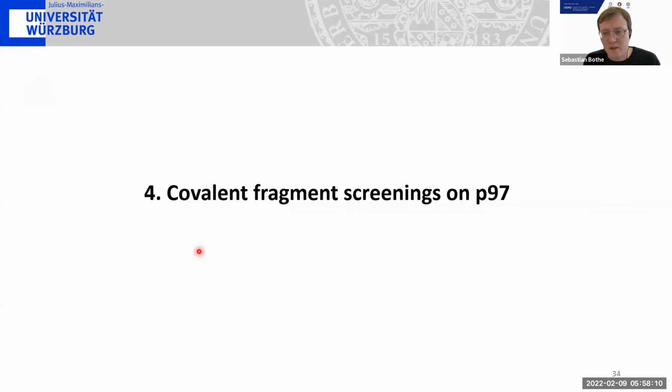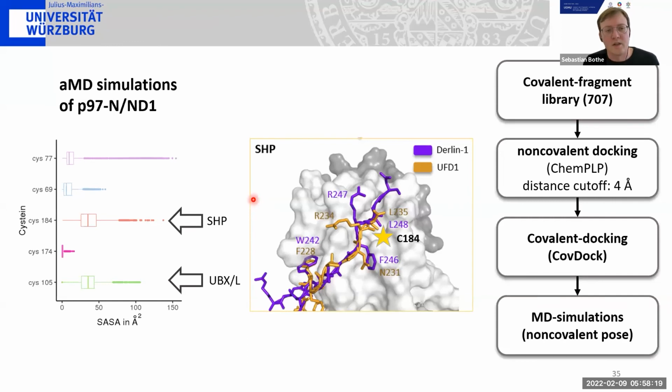Because time is running a little short, I only want to give a short overview of the covalent approach we also set up. In the structural analysis using isolated MD simulations, we found that there are 2 cysteines in the N domain which show a high accessible surface area, and maybe because of that are attractive for covalent modification.